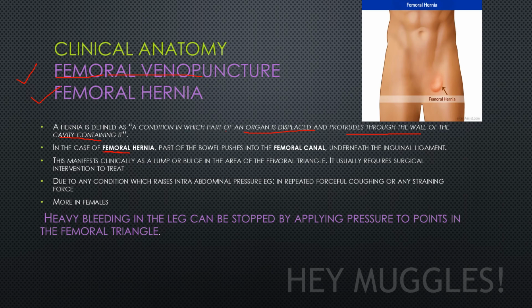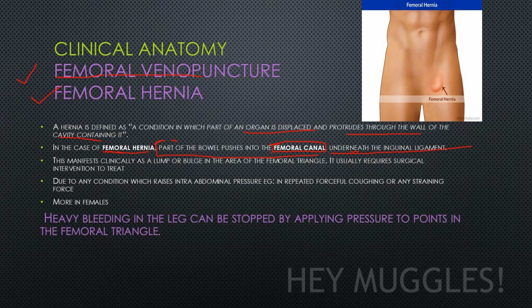Femoral hernia refers to a condition in which part of your bowel, like your small intestine or your large intestine, comes into the femoral canal. What is femoral canal? Femoral canal is the medial compartment of the femoral sheath, the smaller compartment, right? And it is present under the inguinal ligament. The femoral hernia is present under the inguinal ligament.